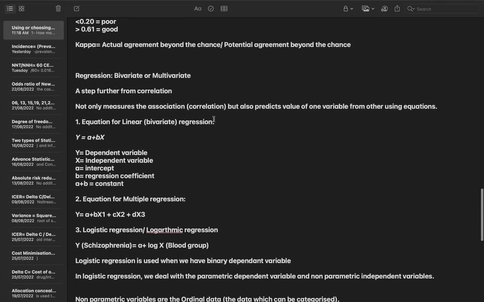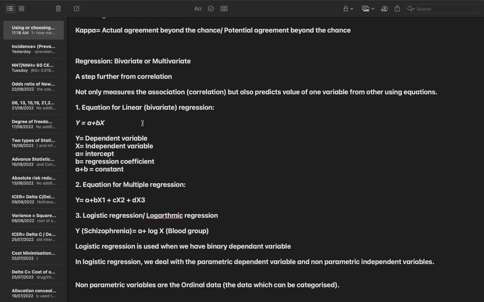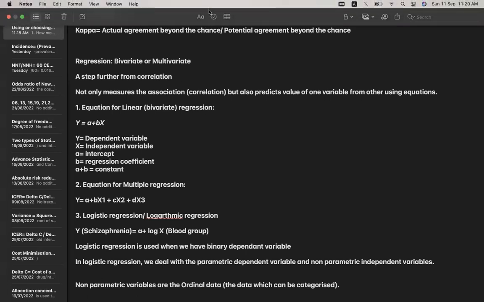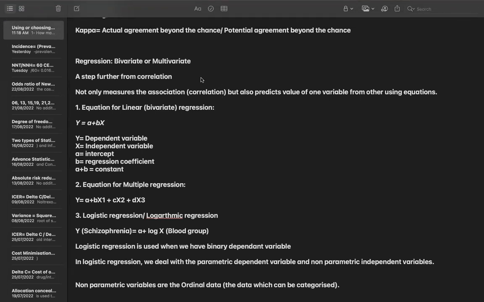You must have heard about these terms like linear regression, multiple regression, and logistic regression. Let me make it simple for you. We are talking about linear regression.